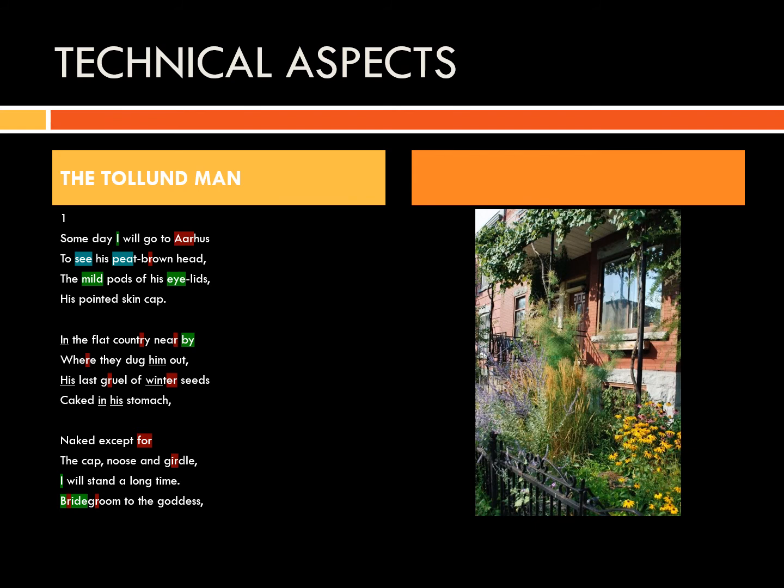So you'll notice in the green I have the I sound, as in eyelids. The R sounds are brown, E and C and peat, I again in by, and a lot of the R sounds: our house, brown, country, near, where, gruel, winter, for, girdle, bride, and groom.